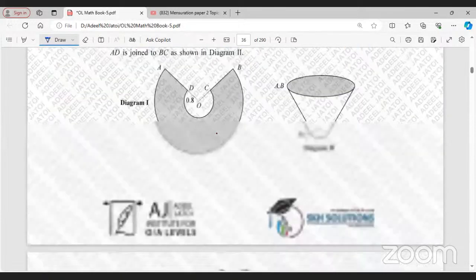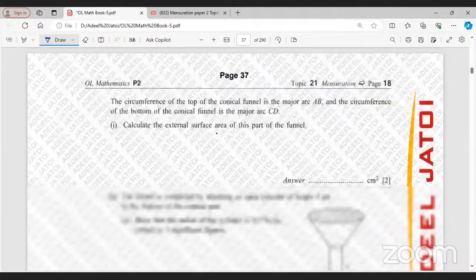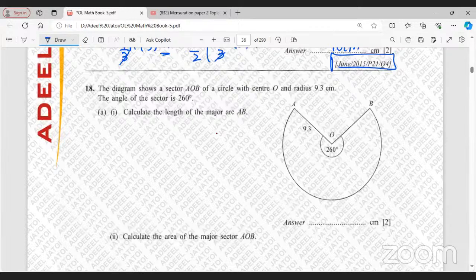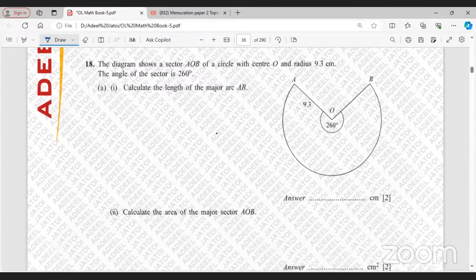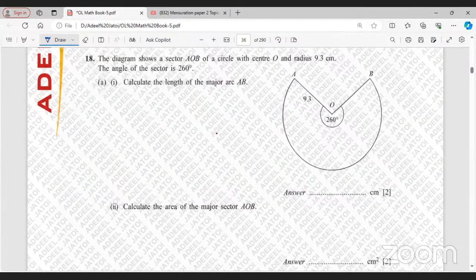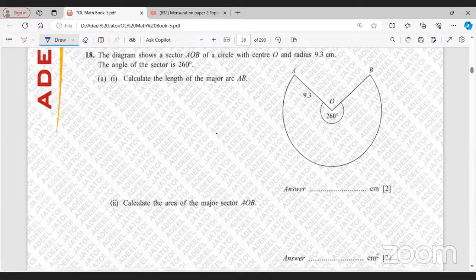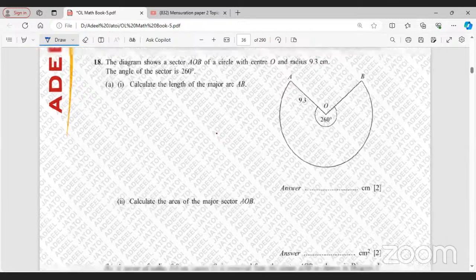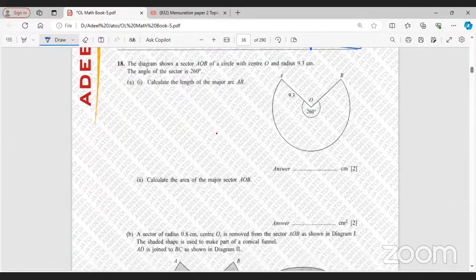So these are the type of questions that can be tested in your normal part of the examination, since these are part of your paper 2. Let's attempt question number 18. We'll have a look, attempt part 1 and 2, easier.